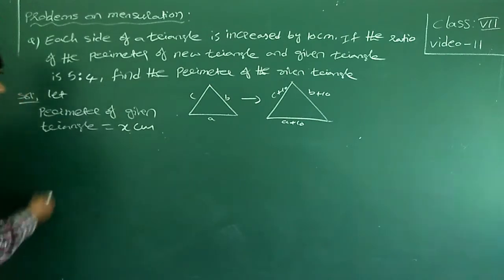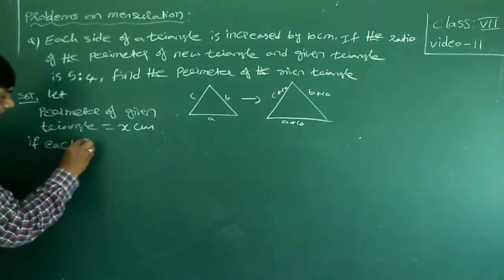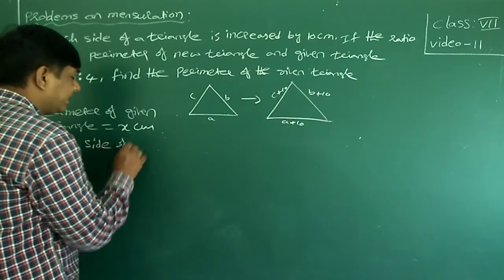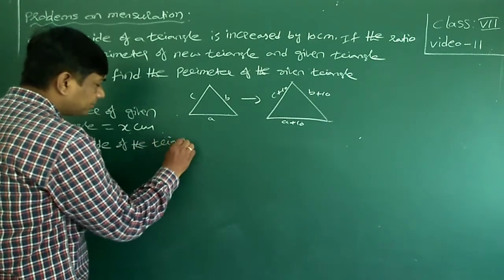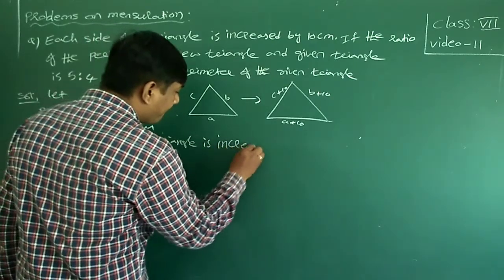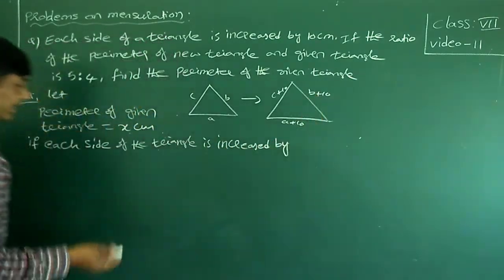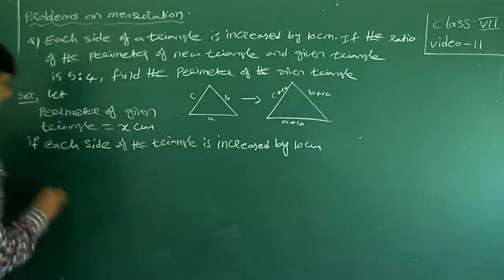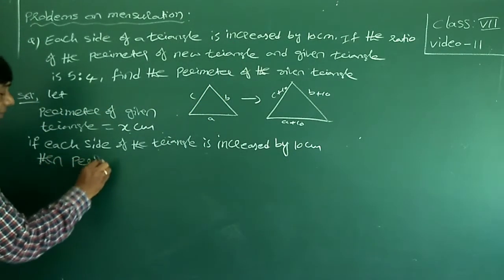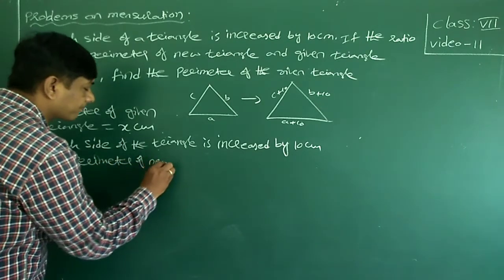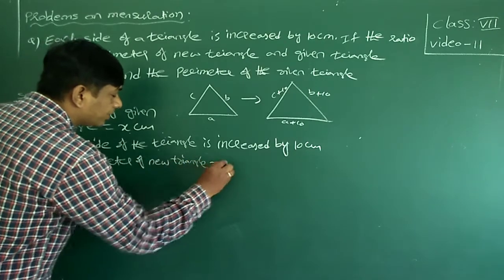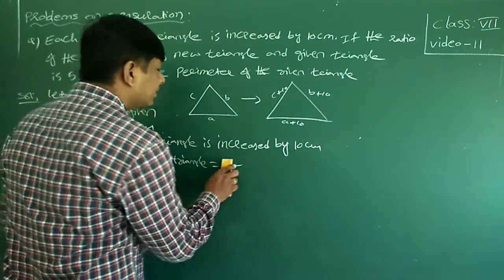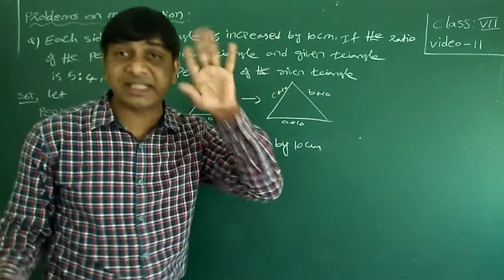Okay. Then if each side of the triangle is increased by 10 centimeters, then the perimeter of the new triangle means whatever the old triangle is, 10 plus 10 plus 10, 30 centimeters will increase.